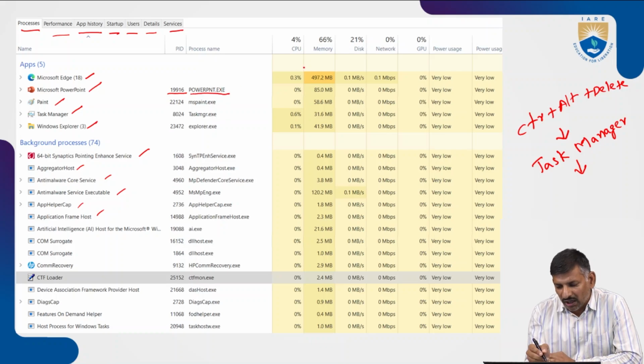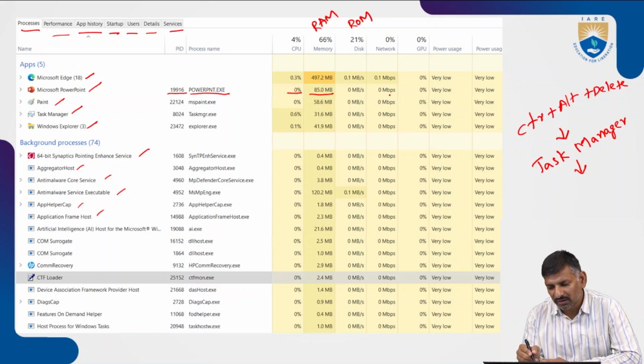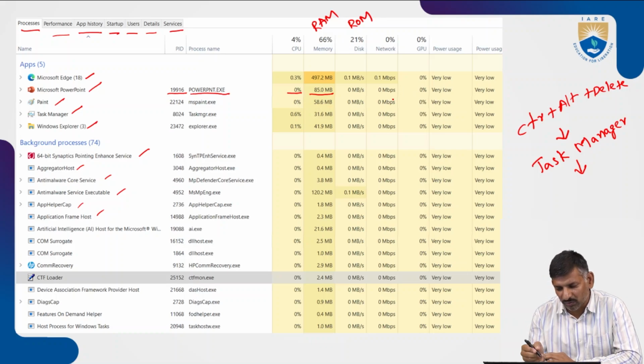It occupies 0% CPU, and it occupies 85 MB of memory, meaning RAM. Here that is RAM, and this is ROM. Next, we will check one more example.